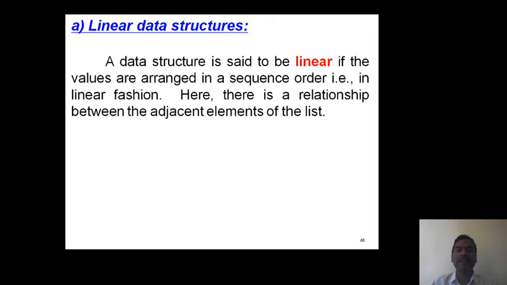That means it is in linear fashion. So when the data structure is linear, there is a relationship between adjacent elements of the list. Let me consider any two adjacent elements, they maintain some relationship. It is possible only in linear data structures.